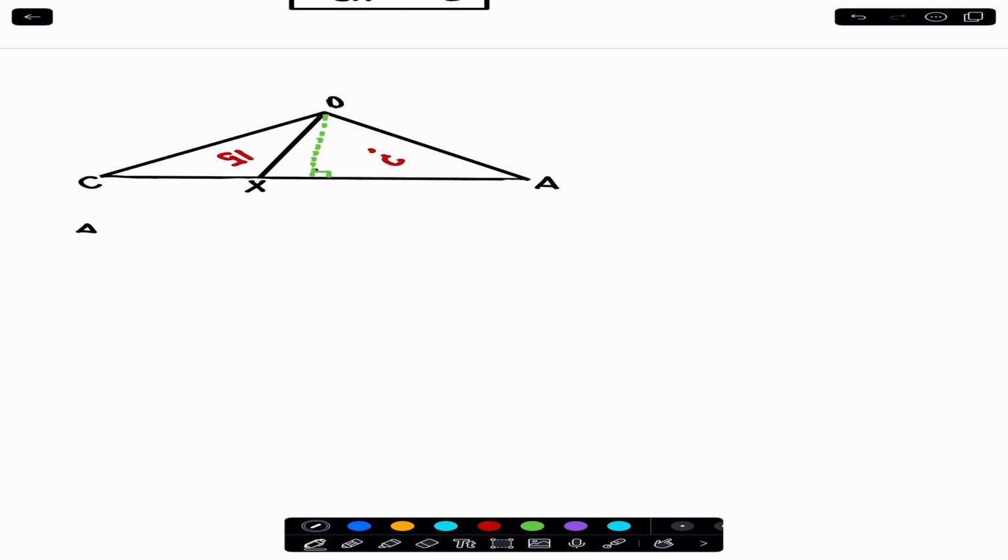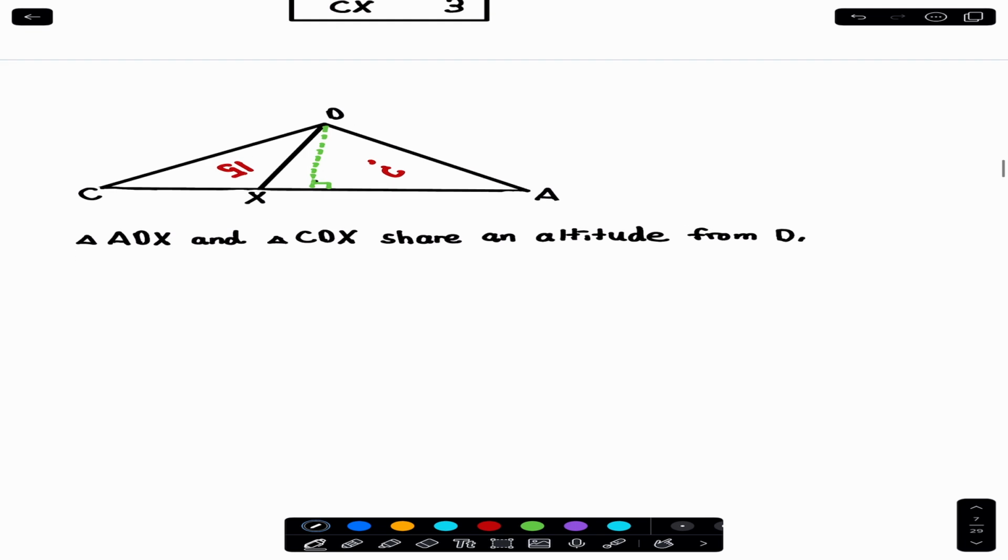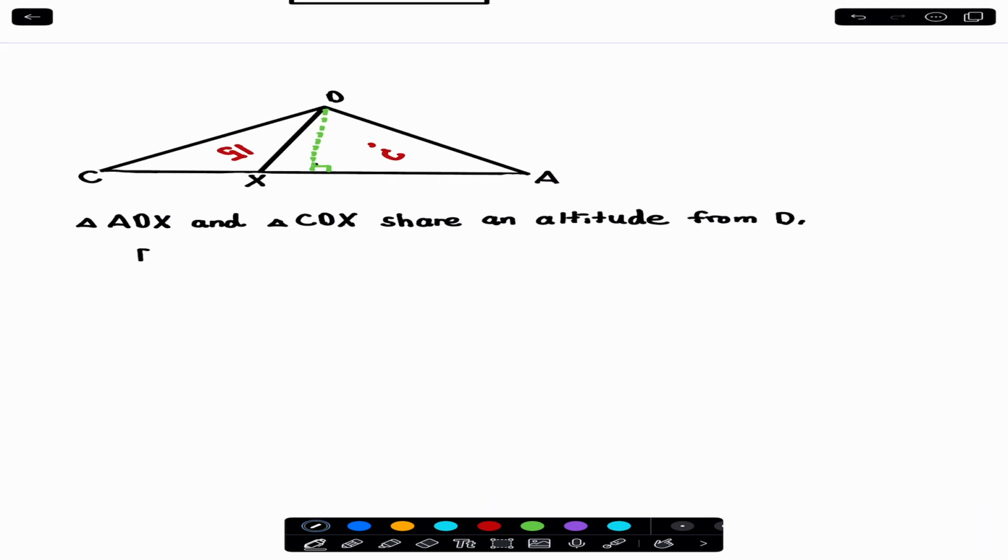So triangles ADX and CDX both share an altitude from point D, so then this means that the ratio of their two areas is equal to, this is the unknown area that we're trying to find.